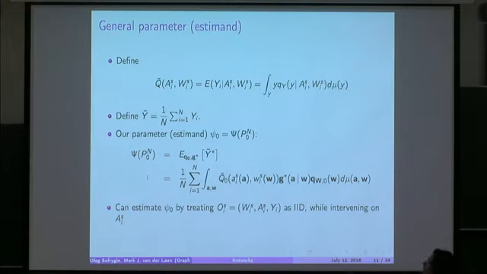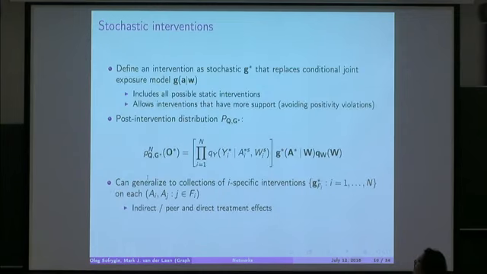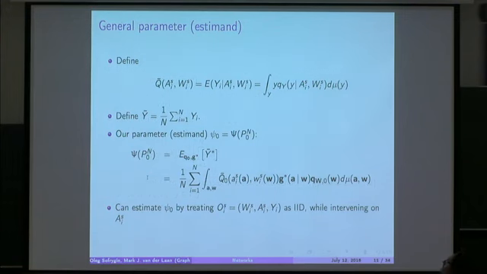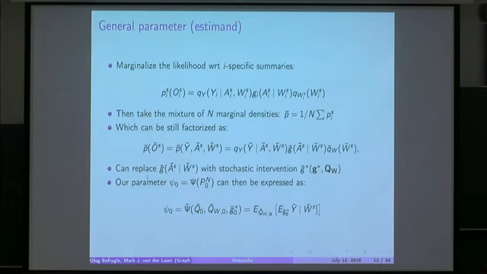The important part of this is that it turns out that the typical i.i.d. maximum likelihood approaches will work for estimation of the factors of this likelihood, specifically these factors. The intuition for that is a little tricky, but the point is that you can marginalize your likelihood with respect to the summary measures, and you obtain a likelihood for the summary measures yi, Ais, and Wis. You can then take the mixture of these likelihoods, and you obtain a mixture distribution.